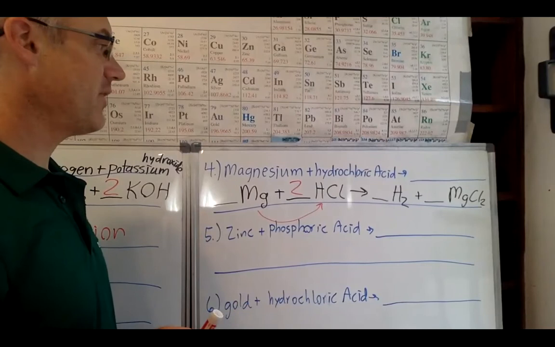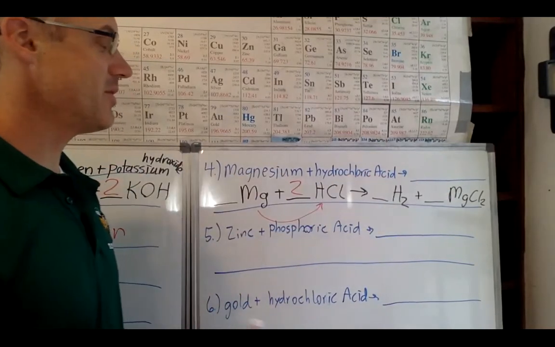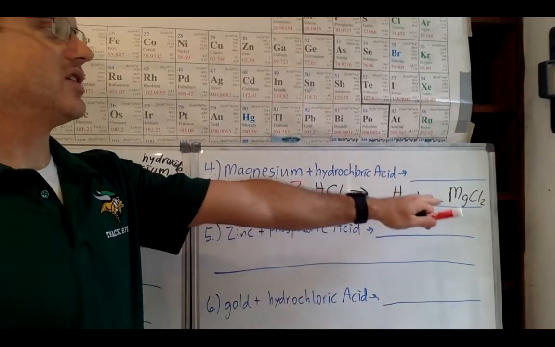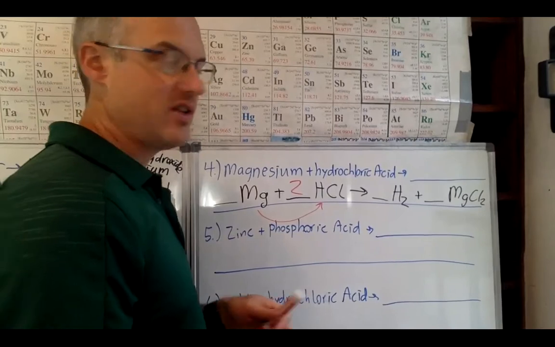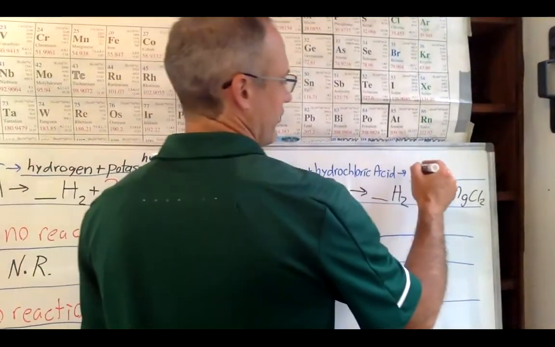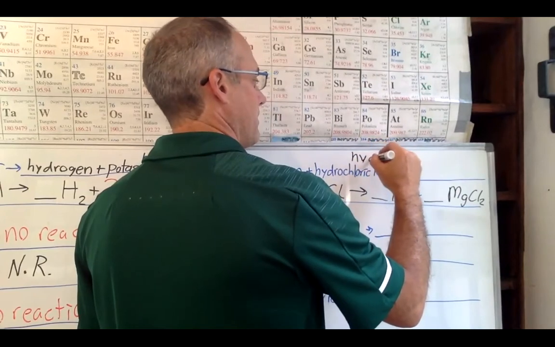To describe that in words, because we do have to finish out the word equation up here, this is hydrogen, and that's magnesium chloride. Again, these are coming from the ion sheet, except for hydrogen. Hydrogen is just hydrogen.